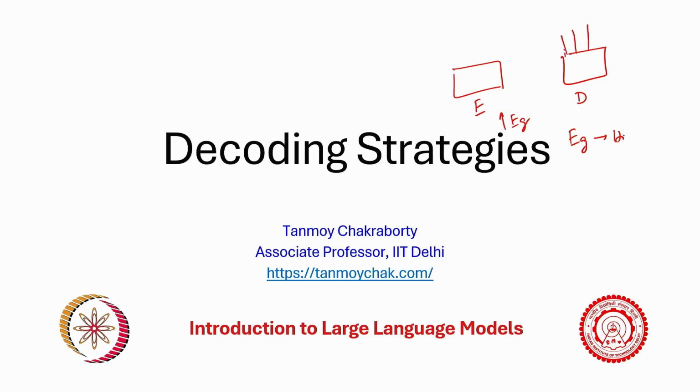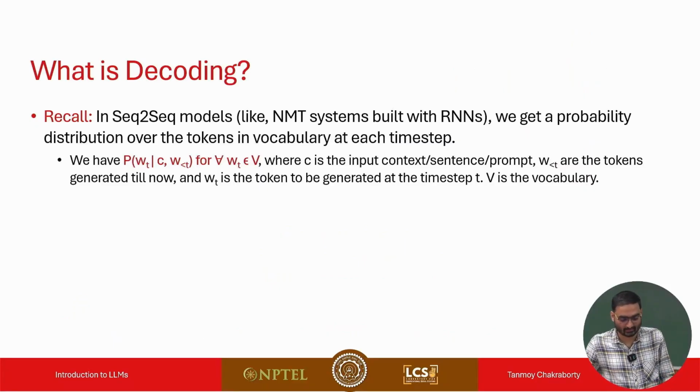At every state of the LSTM, or let's say transformer, we'll discuss later, we will produce a distribution, and from the distribution the task is to choose the word which you want to place at this position. There are different greedy strategies, different top-k strategies that people came up with, and today we will discuss some of the popular strategies. Let's look at the decoding strategy.